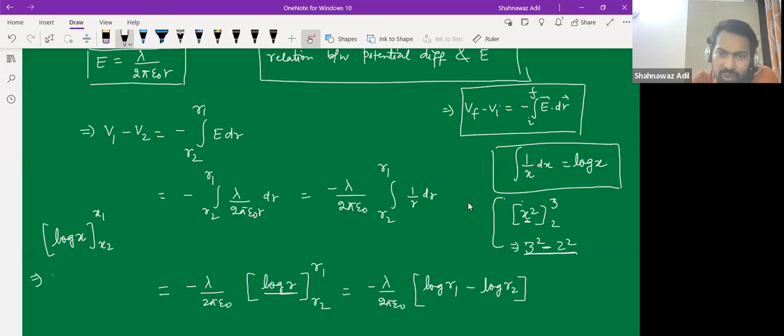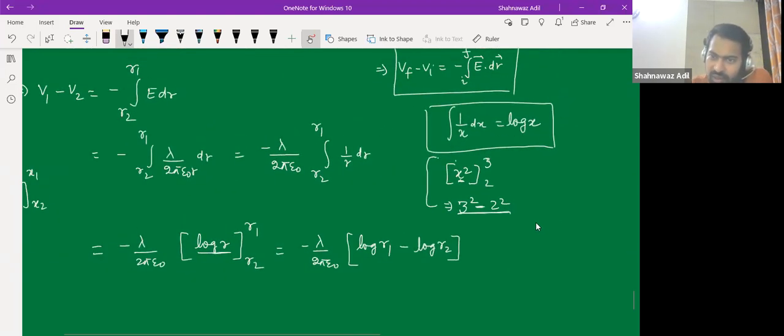Do you remember what log A minus log B is? Do you remember the property of log? What is log A minus log B?